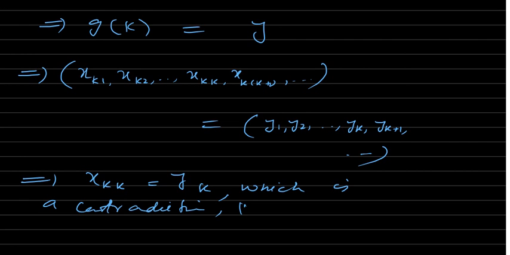Thus, g is not a surjection; it's a contradiction. So thus X power omega is not a countable set.